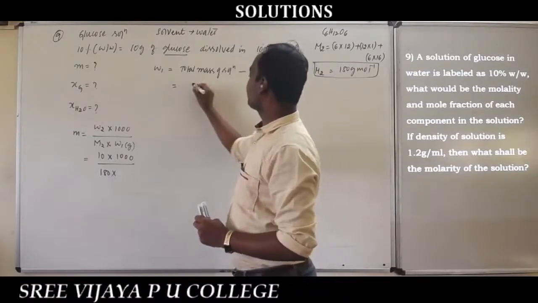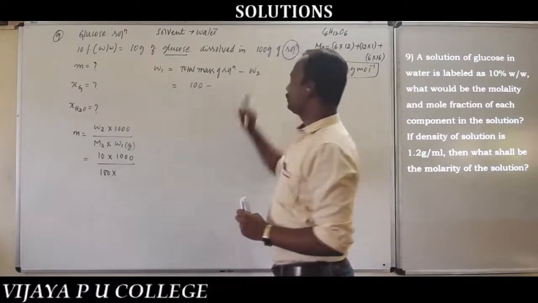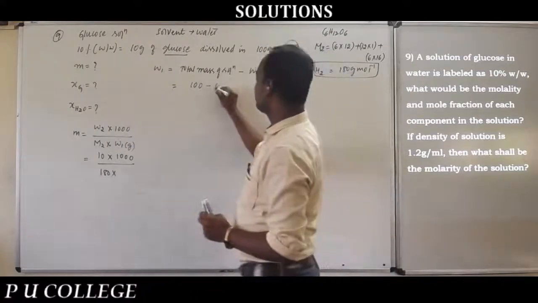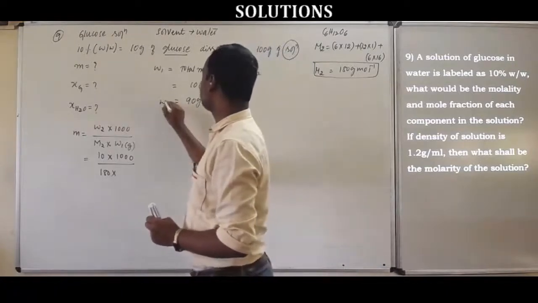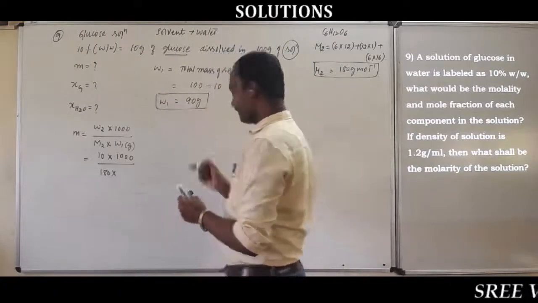So total mass of solution is 100 minus W2, mass of solute, which is 10. So the mass of solvent, that is the mass of water, comes to 90 gram.